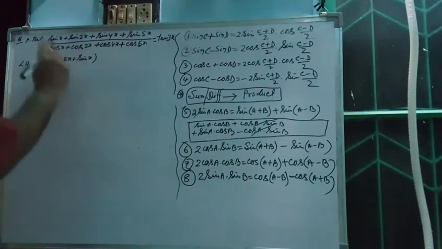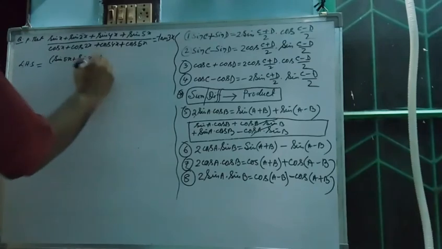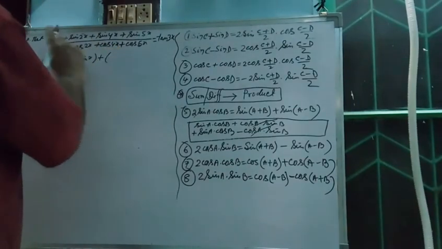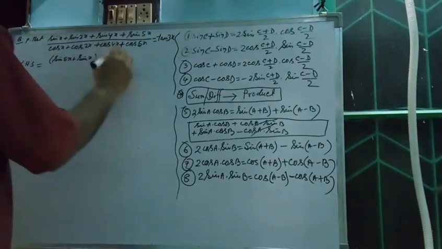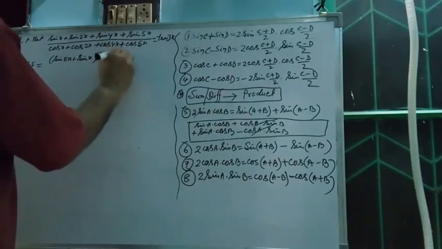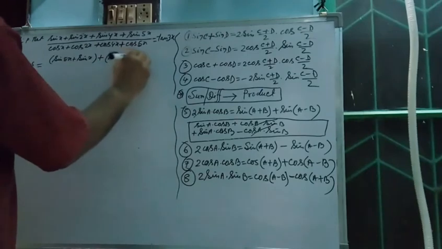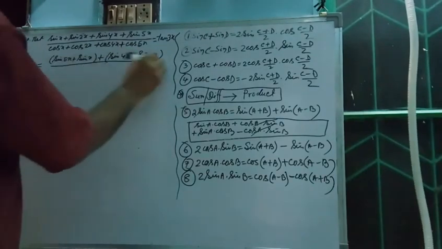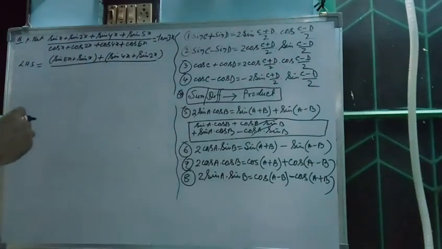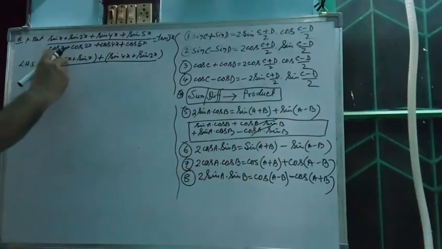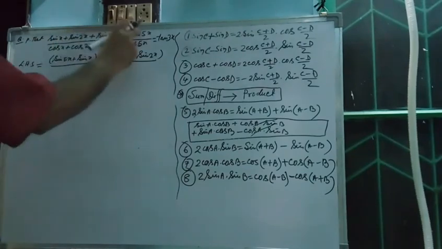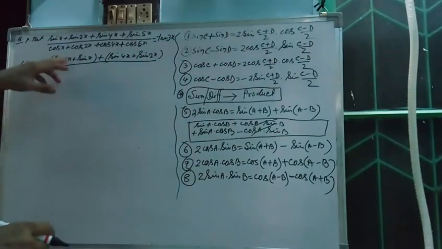We are taking these two terms in one group, and in the other group we are taking sin 4x plus sin 2x. Why have you taken this sin 5x and sin x? Why not 2x and 5x? Why are you not taking 5x and 2x?